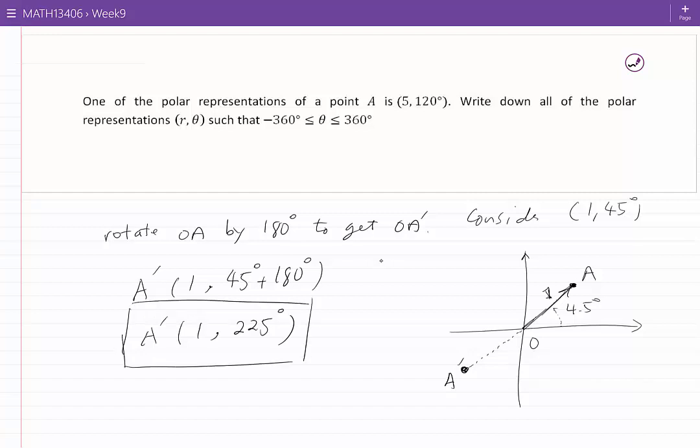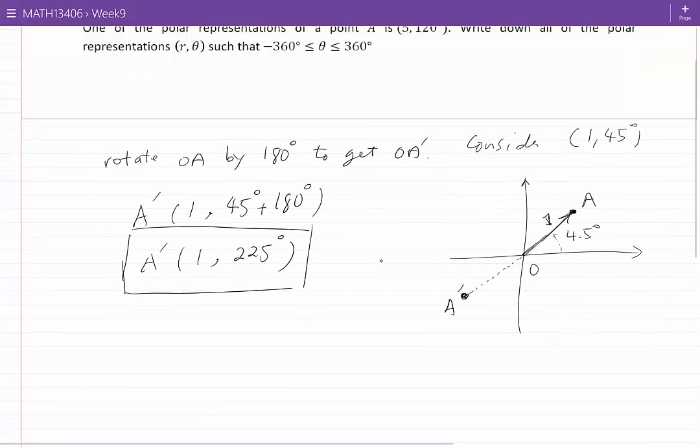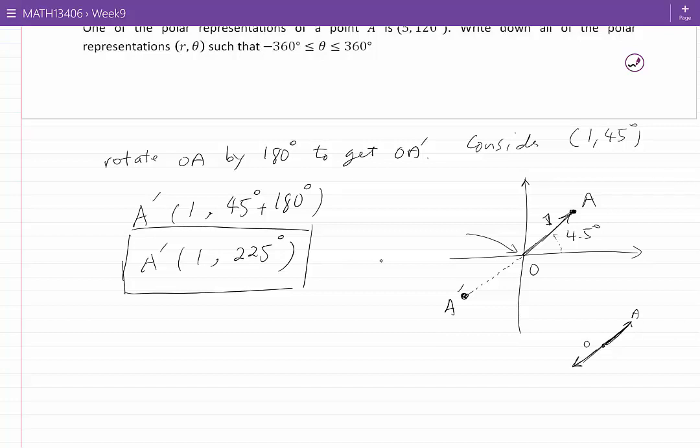Another way that we can get A prime from A is to reflect the vector OA through the center of the coordinate system to get OA prime. In other words, we can think of OA prime as OA flipped through the center.